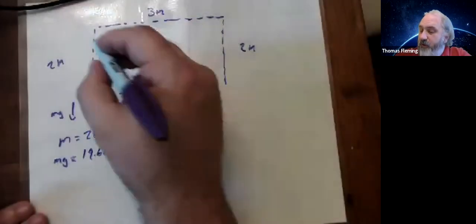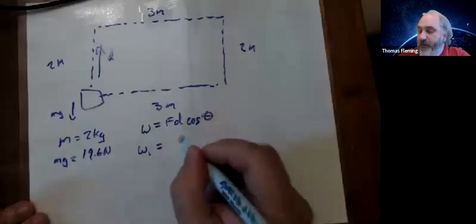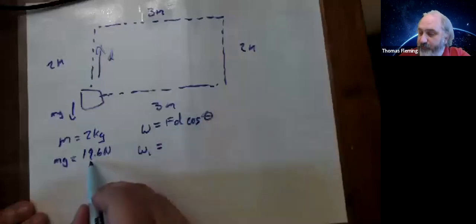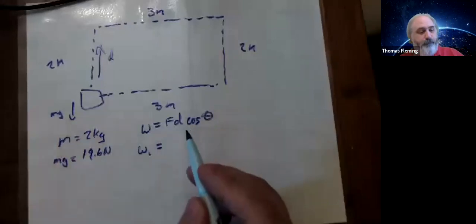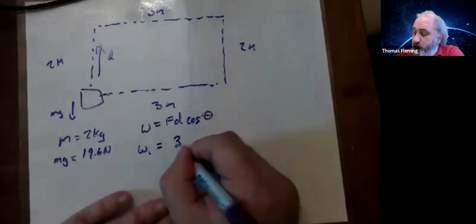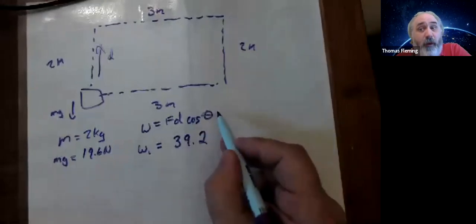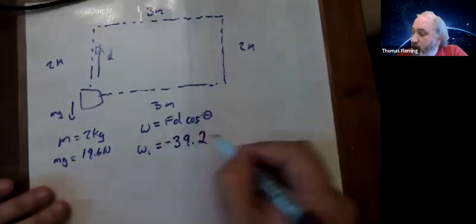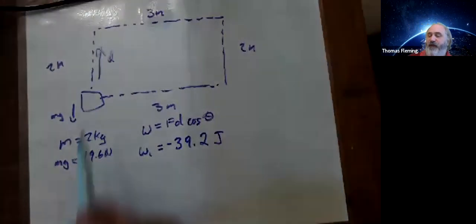So the work done for the first part of the trip, work 1, is going to be 19.6 times 2, which is 39.2, times the cosine of 180, which is -1. So it's -39.2 joules, lifting it from here to here.